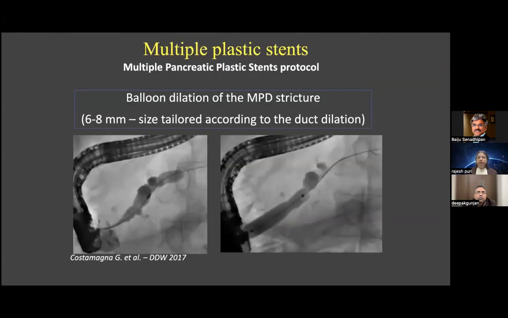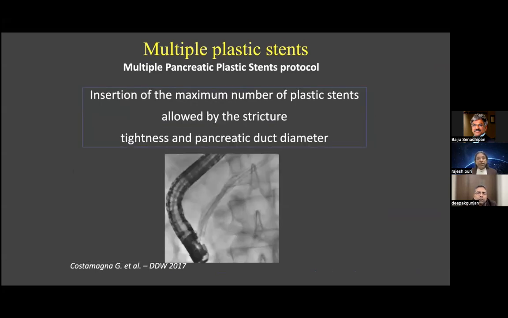So in the multiple pancreatic stent protocol, you dilate the stricture up to 6 to 8 millimeters with a Hurricane balloon. It will depend upon the proximal dilatation of the pancreatic duct. Once you have dilated, you put in multiple plastic stents as much as possible.